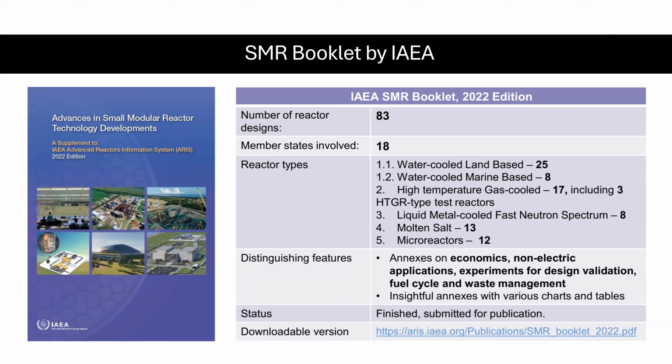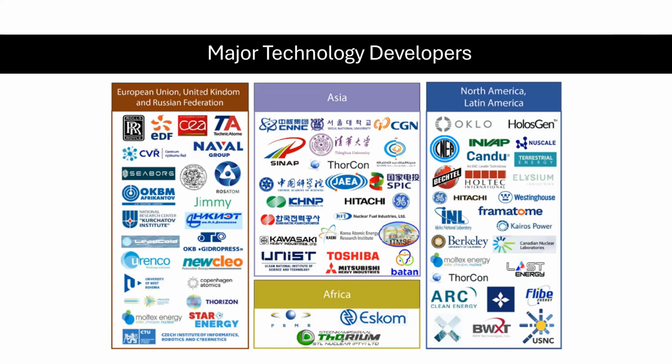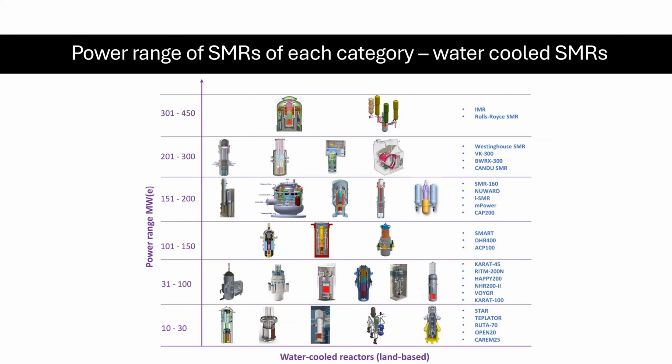If you want more information about SMRs, you can get the SMR booklet by the International Atomic Energy Agency. There you can download it, and you see there are almost 83 new small modular reactor designs. It's a biannual publication. These are some of the companies. I'll go ahead with this because we have only 15 minutes.